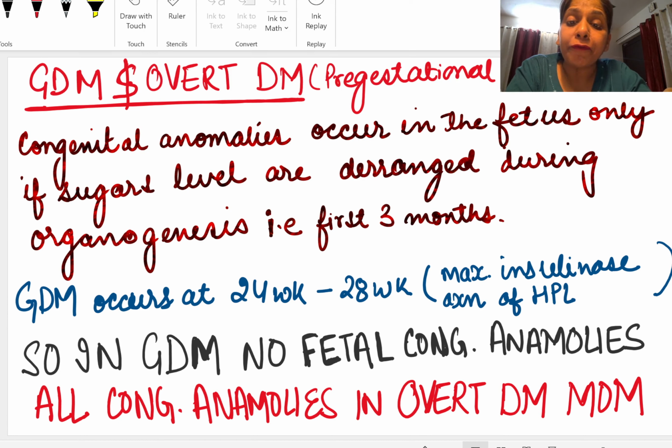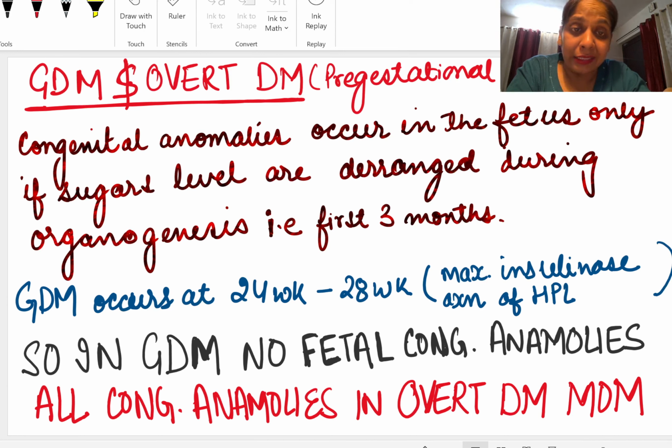So if the patient has gestational diabetes mellitus, it means her sugar level will be deranged after 24 to 28 weeks. In that case, there will be no congenital anomalies in the fetus of the gestational diabetic mother.